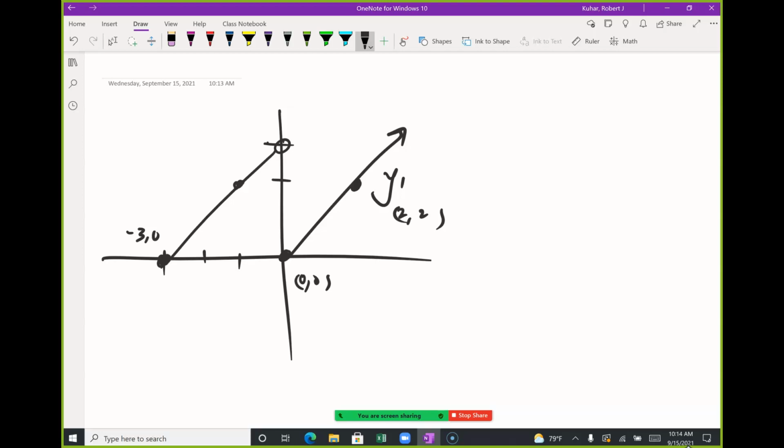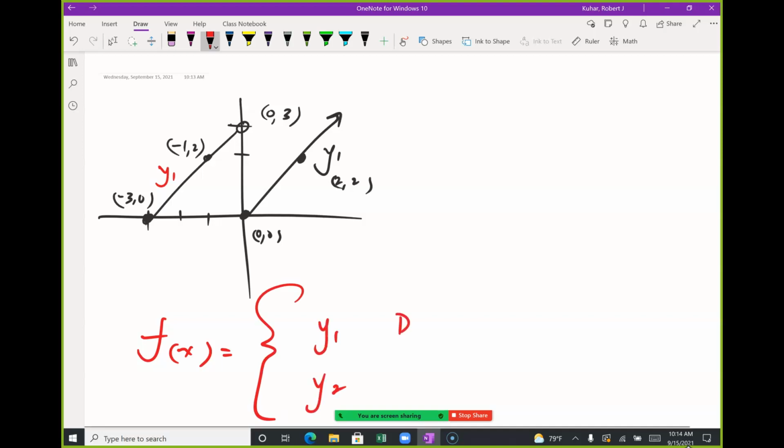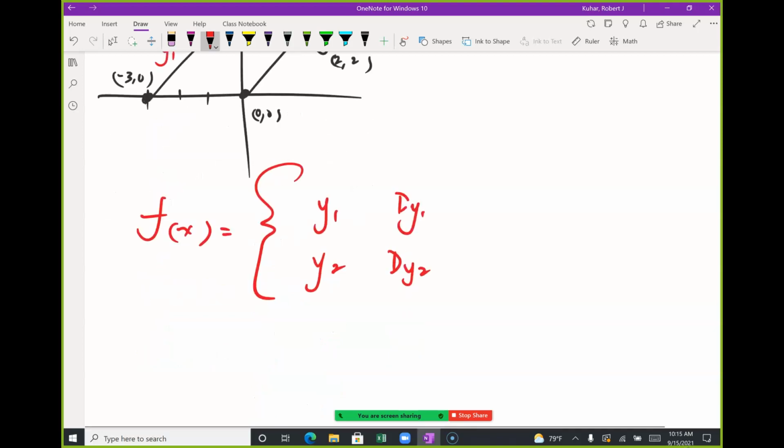So negative 3, 0, negative 1, 2, and 0, 3. And that's my y1, right? And I want to just create the piecewise function. So it's a two-piece function, right? So I need y1 here, I need y2 here, I need the domain of y1 here, and the domain of y2 here, right? And that's my plan. So figure out what the functions are, figure out what the domains are.